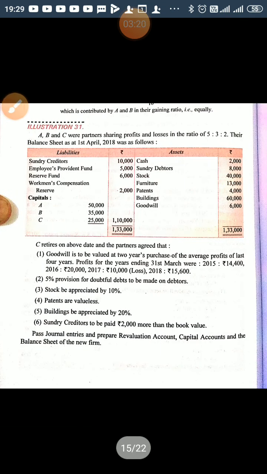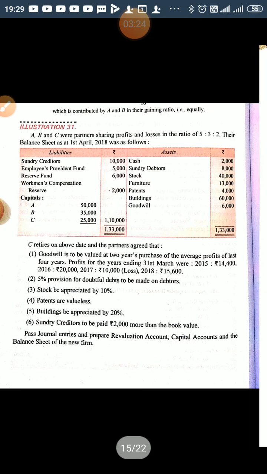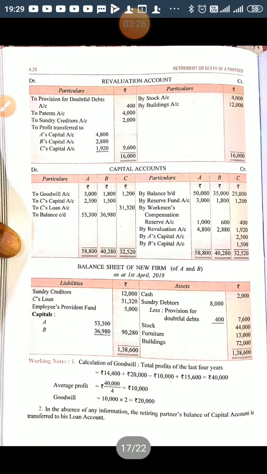Now C is the retiring partner and his share is 2 by 10. So 2 by 10 of the 20,000 is 4,000 will be the share of goodwill.